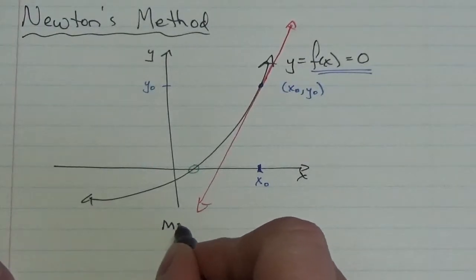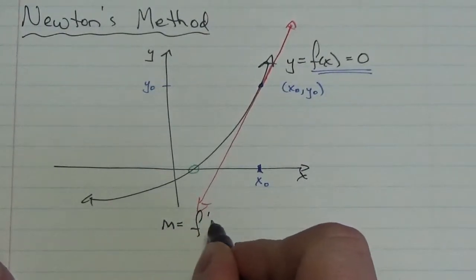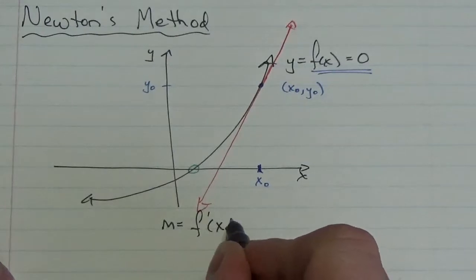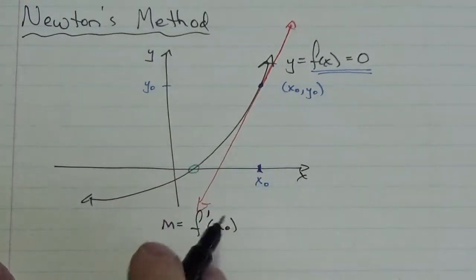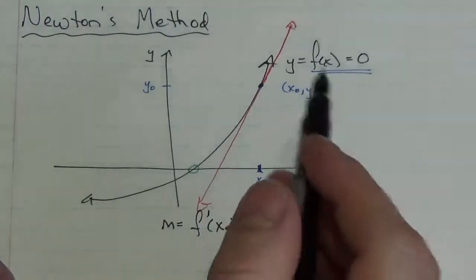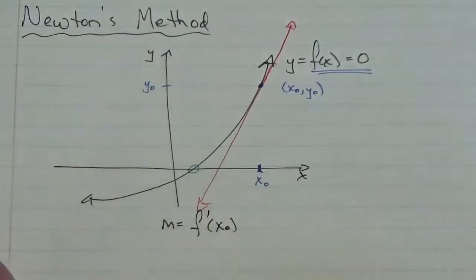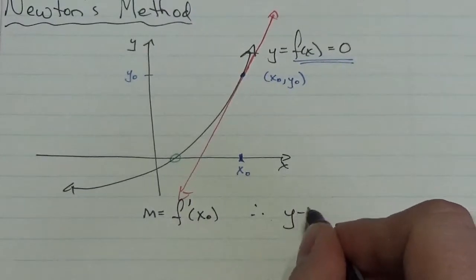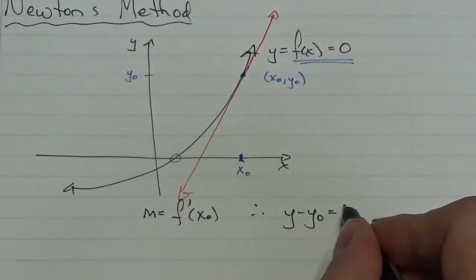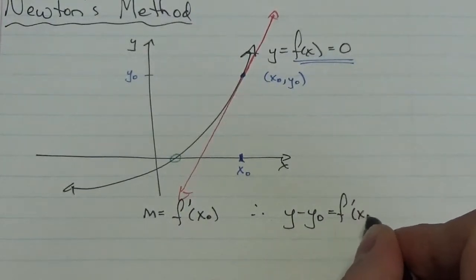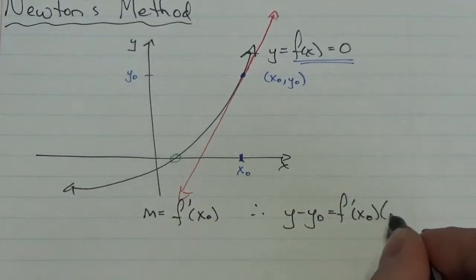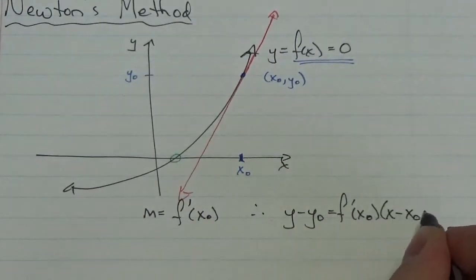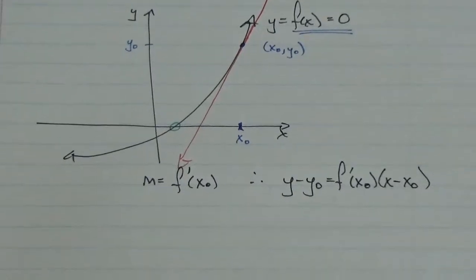So the slope of this line is f prime evaluated at x naught. And I also know that it goes through the point x naught comma y naught. So I know the equation is going to be y minus y naught equals f prime at x naught, multiplied by x minus x naught. There's the equation of that red line.